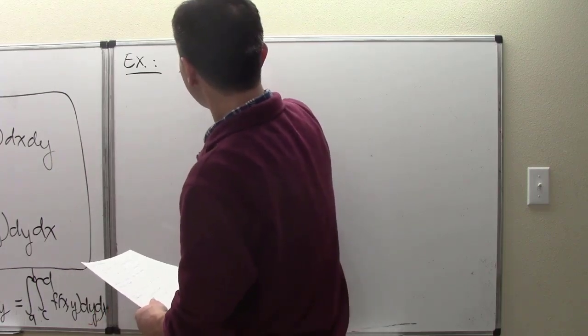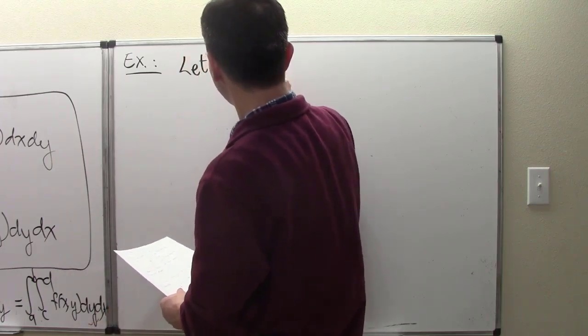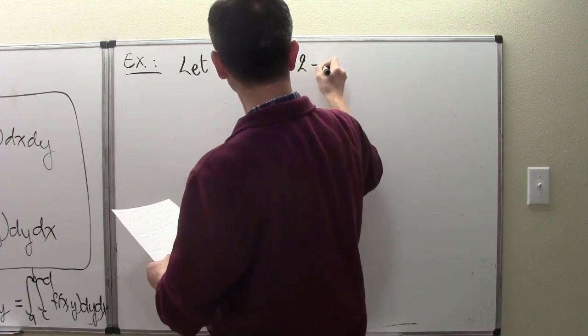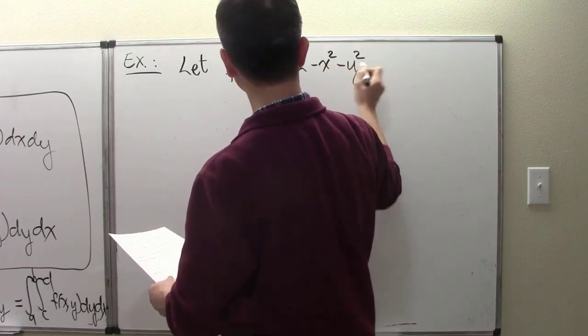I'm going to let f of x comma y equal 2 minus x squared minus y squared.